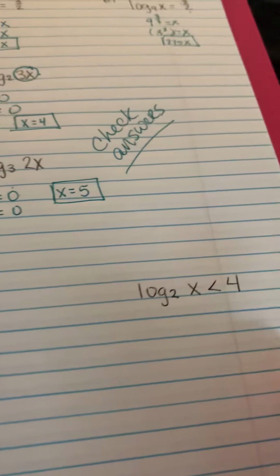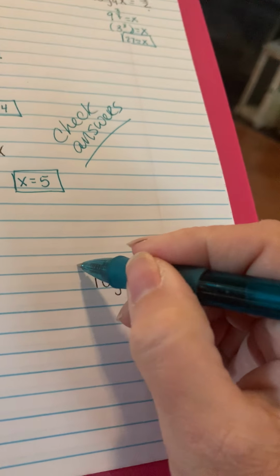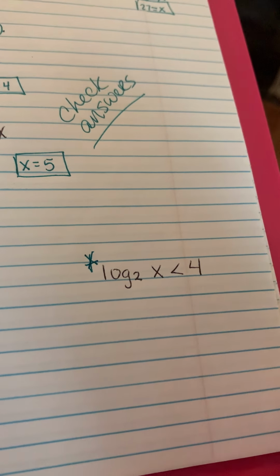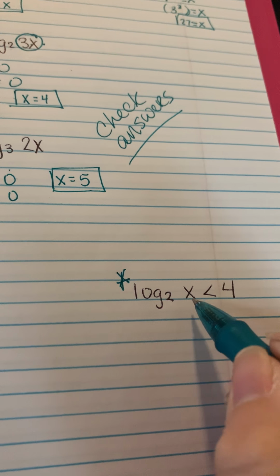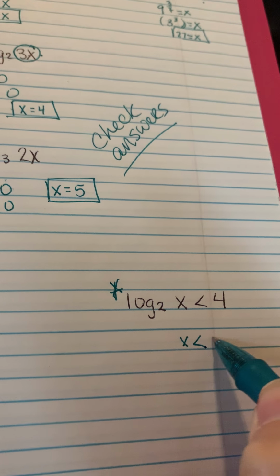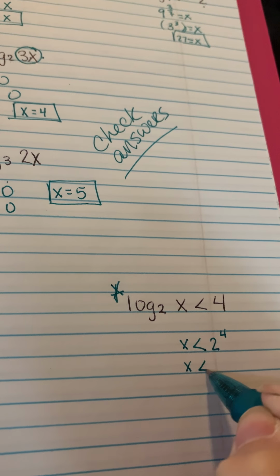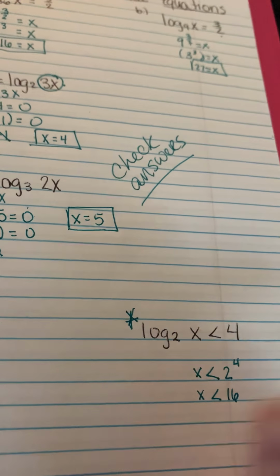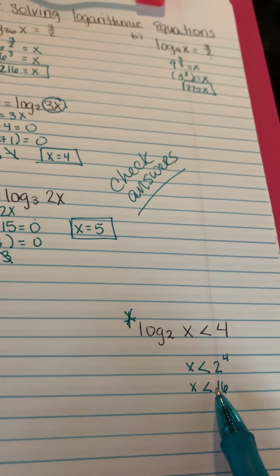All right. Now for this one, I want you to put a star by this problem, okay? Here, same rules apply. X is less than, 2 is my base, 4 is my exponent. So x is less than 16. So that means x can be any number that's less than 16.